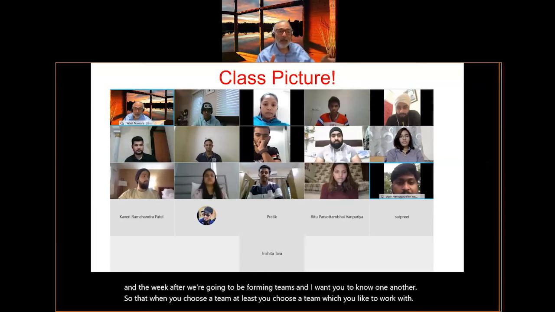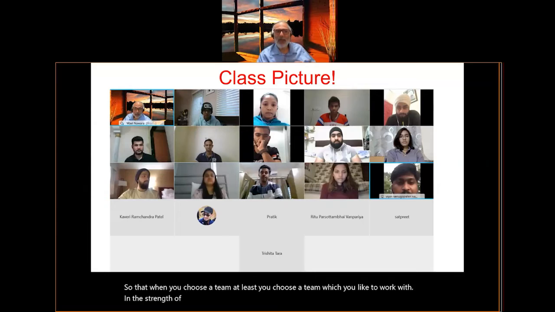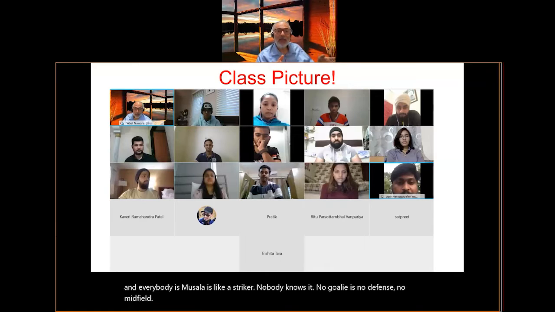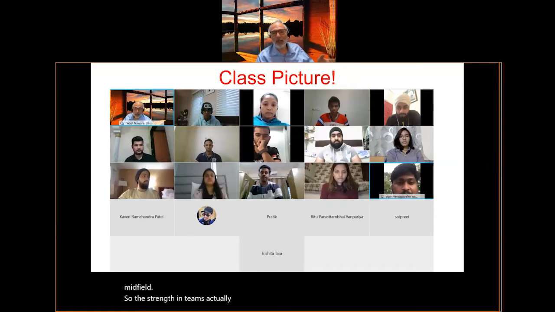And the strength of teams is not that everyone is the same. Imagine if we had a football team and everybody is Musala, a striker. Nobody is a goalie, no defense, no midfield. So the strength in teams actually comes from diversity, from having different skills. Someone maybe is good at math or numbers.